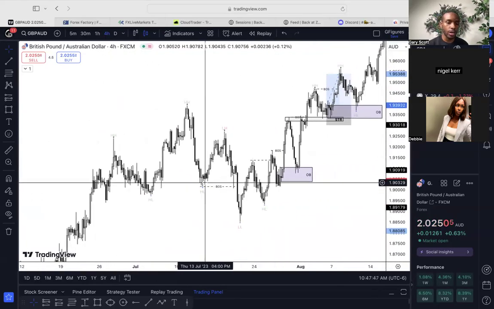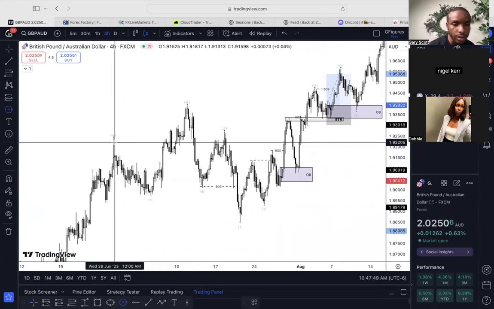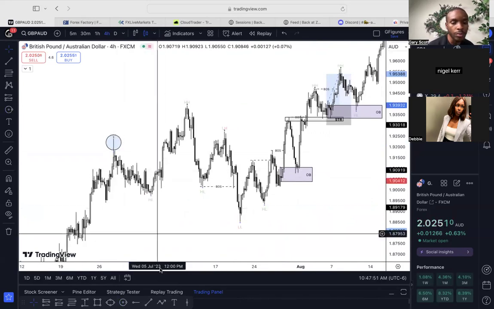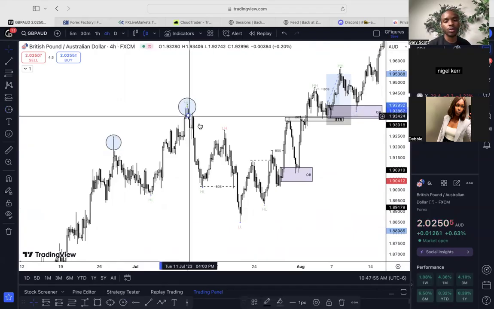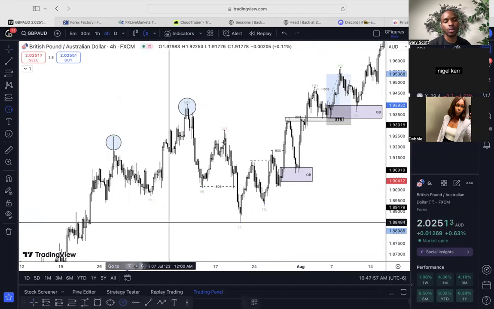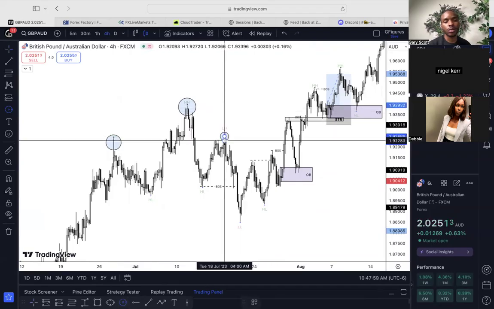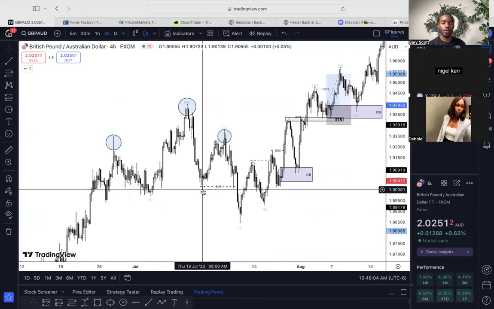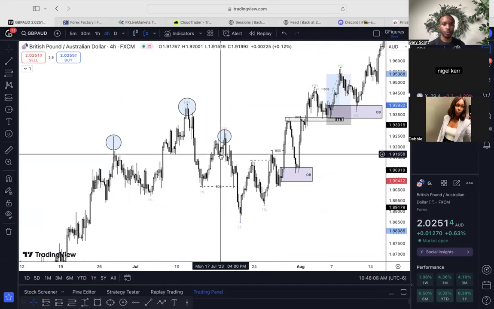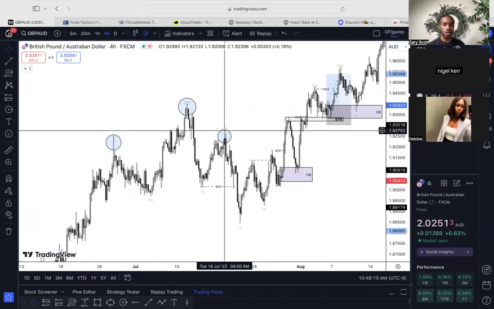Can anybody tell me what this particular pattern is? Head and shoulders. A very much short-term head and shoulders pattern, as far as the trend is concerned.